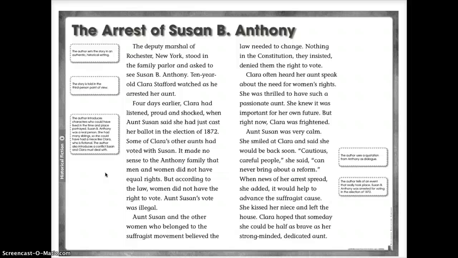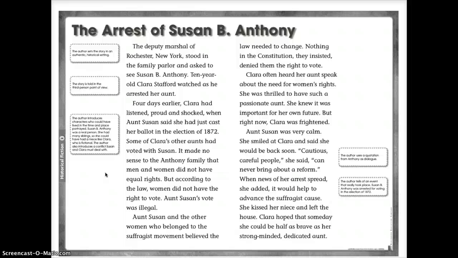Aunt Susan was very calm. She smiled at Clara and said she would be back soon. Cautious, careful people, she said, can never bring about a reform. When news of her arrest spread, she added, it would help the advance of the suffragist cause. She kissed her niece and left the house. Clara hoped that someday she could be half as brave as her strong-minded, dedicated aunt.